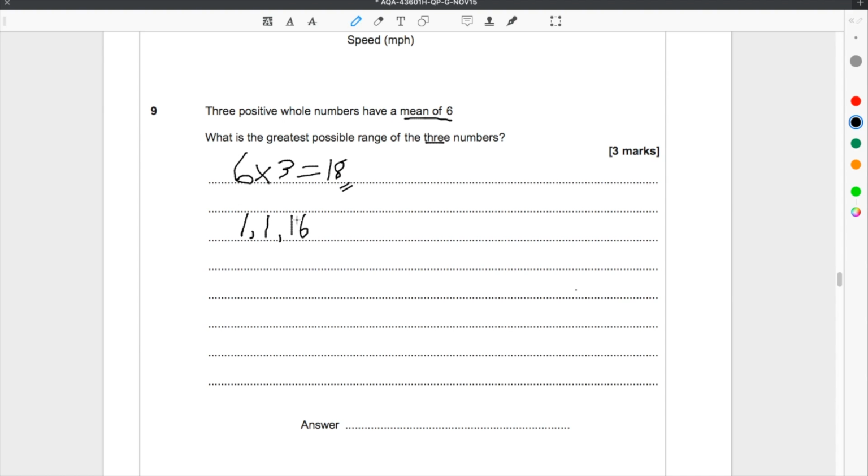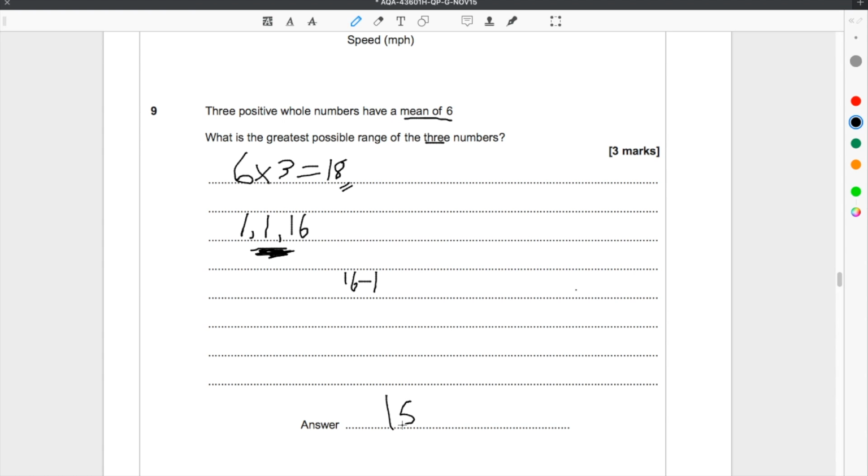And so this really is the greatest range that we can get, because we pick the smallest positive number we can have, and that's the largest number that will give us the range of values that give us a mean of 6. So the range here is just 16 minus 1. That's 15.